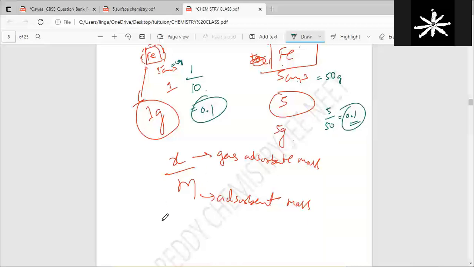Are you getting why we write x by m? If you write x by m, I can tell directly, this is iron. Otherwise, if you take a smaller amount of iron, or a larger amount, which adsorption am I talking about? Again, confusion. That's why whenever adsorption is there, we will take only x by m.